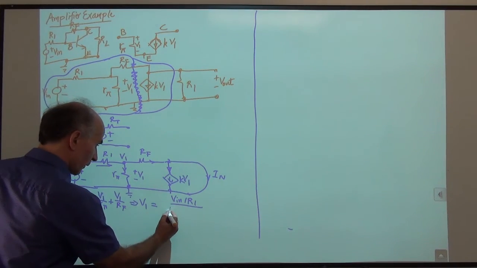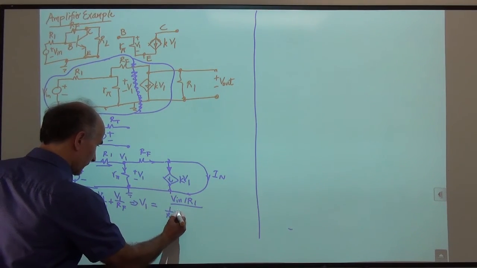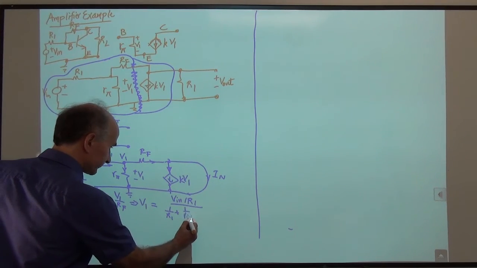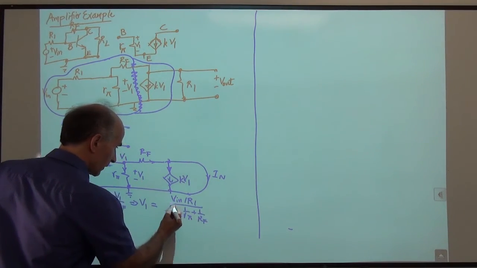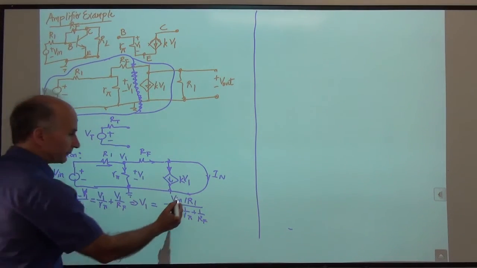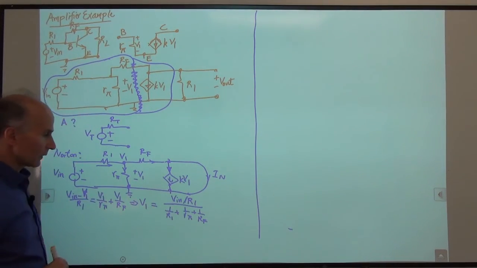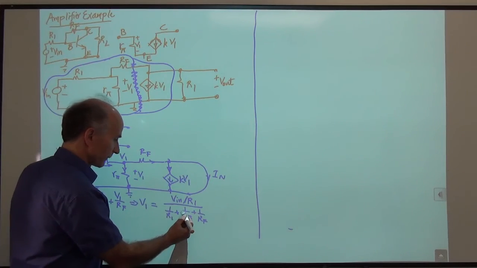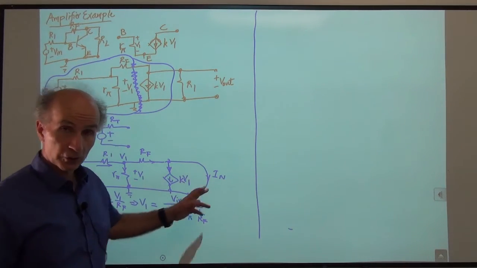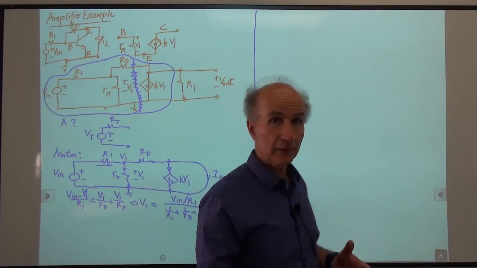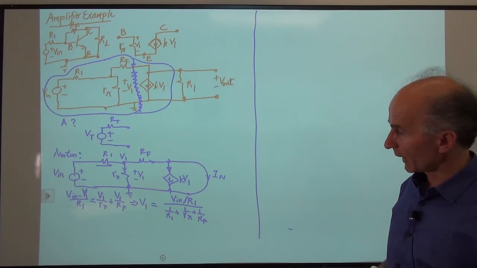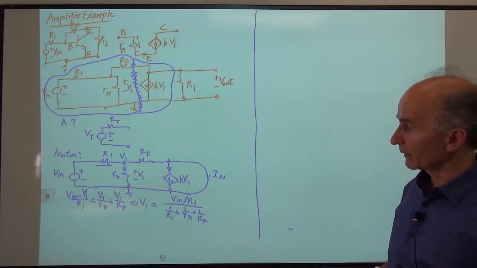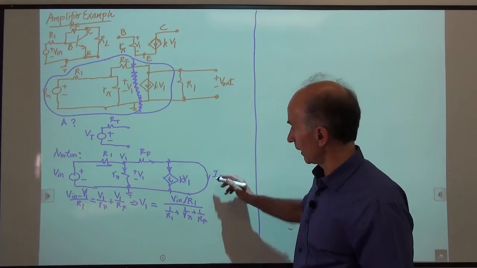So that would be 1 over R1 plus 1 over R pi plus 1 over RF. Okay, so that's V1. We haven't found the Norton current yet, but we have to work towards that direction. Okay, so if I have V1, then I can try to find I sub n.